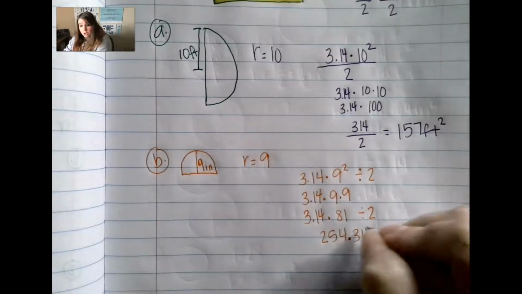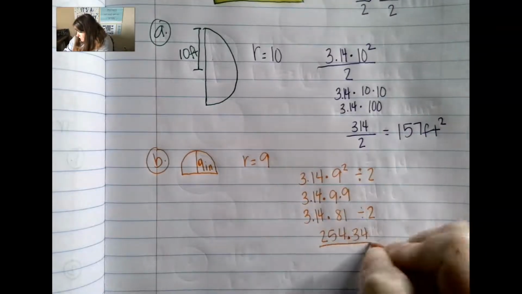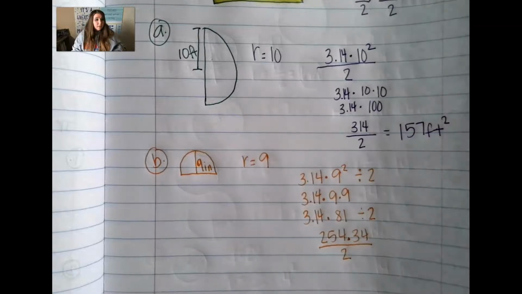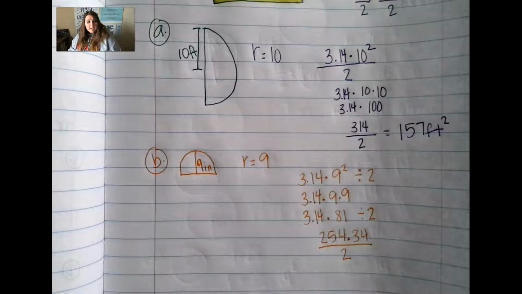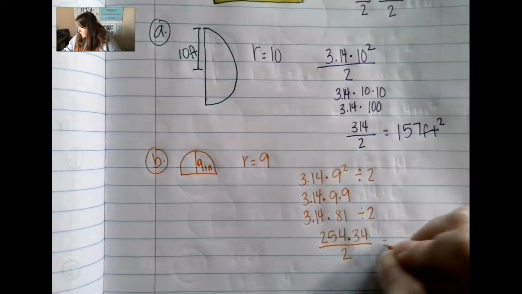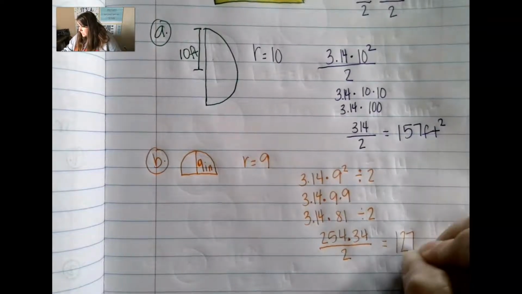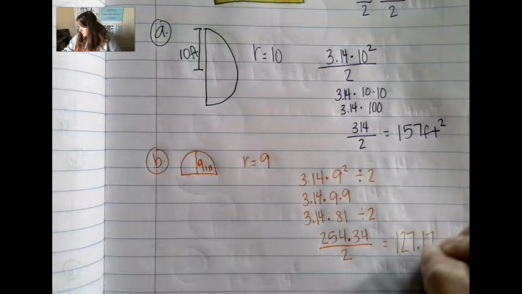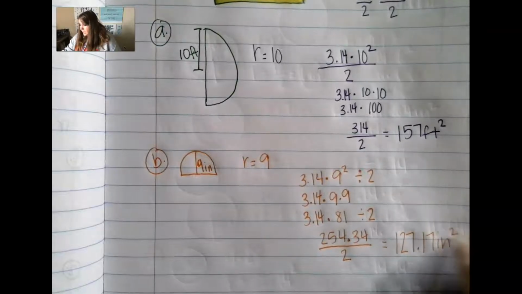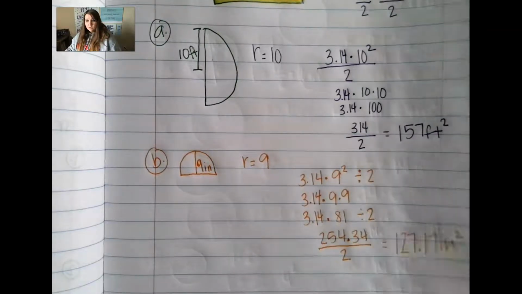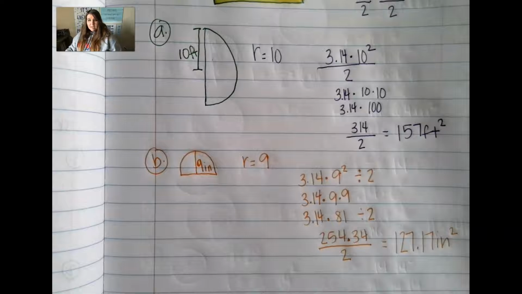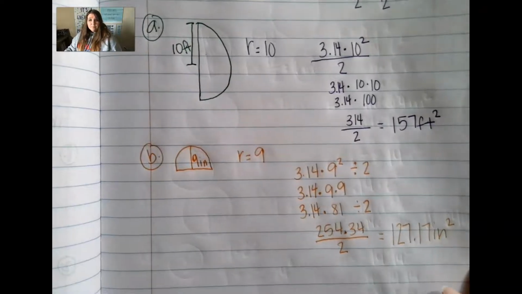But that right there is just the full circle. We now need to cut this in half, so we're going to divide it by 2. And that is going to give me a grand total of 127.17 inches. Again, we are still squaring because it is area.